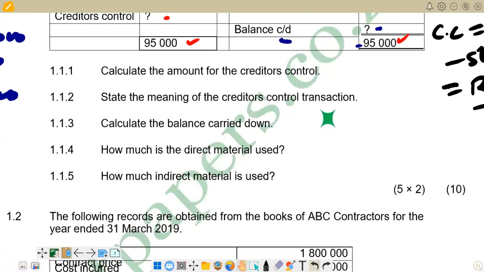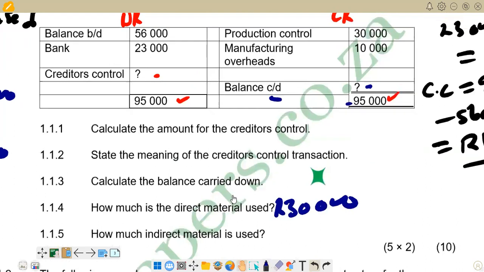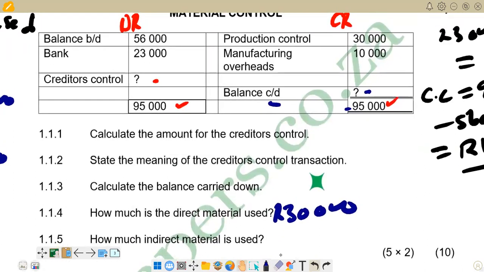So we are saying 30,000 rands. And then 1.1.5 says how much indirect material is used. The one that is going to be transferred to the manufacturing overheads, we have 10,000. So 10,000 is the one there.